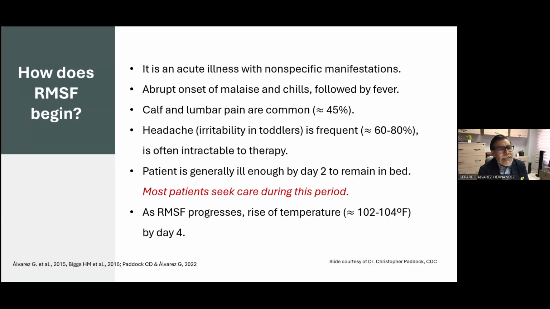So, with this in mind, understanding the onset of the disease is key to prevent serious and fatal outcomes. As you know, RMSF usually starts as a non-specific group of symptoms, a mild group of symptoms, I would say. Malaise, chills, high fever, and myoarthralgias are among the most frequent of those symptoms.